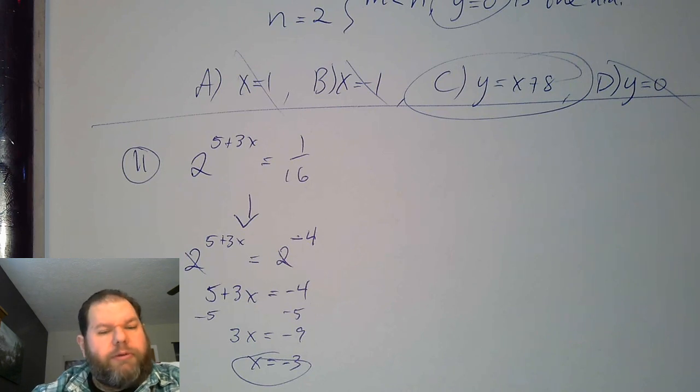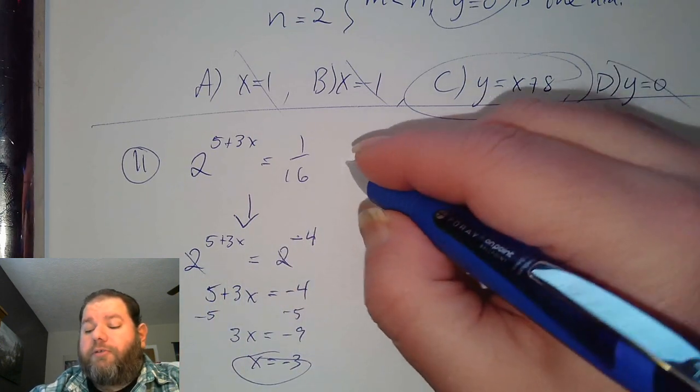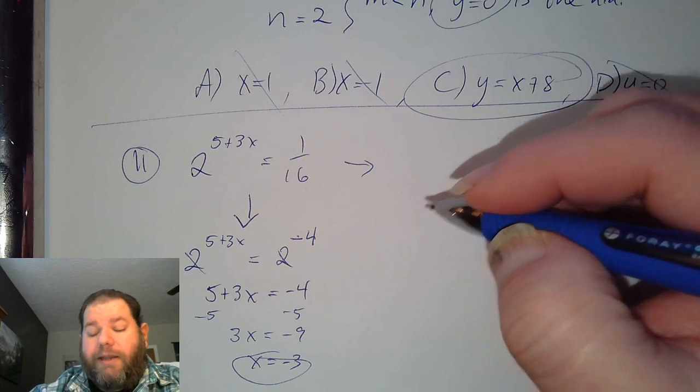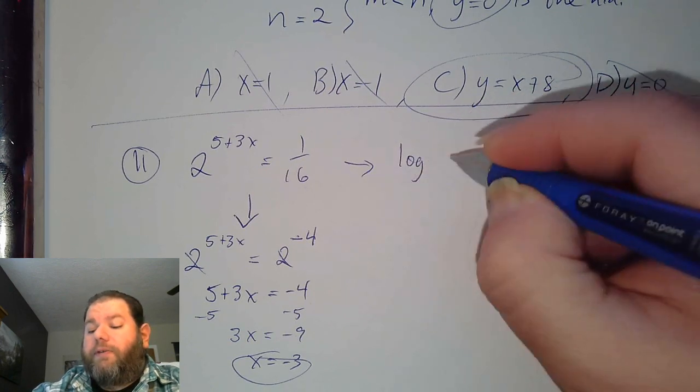Well, probably the only way we can do it without a calculator is to get both sides to the same base. We can't always do that, though. The other approach that we looked at on Monday is to take the logarithm of both sides.